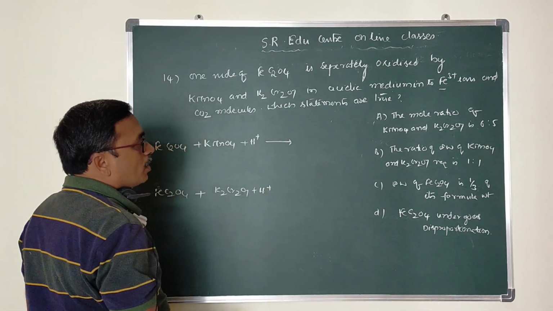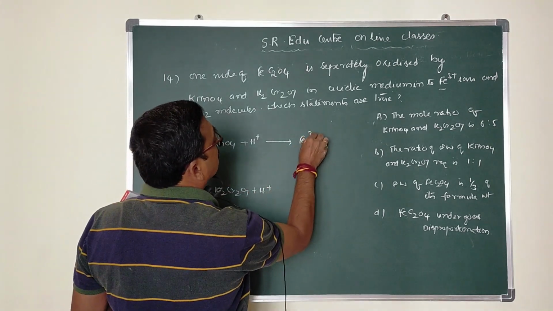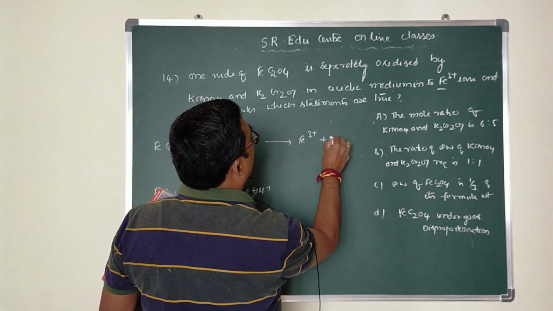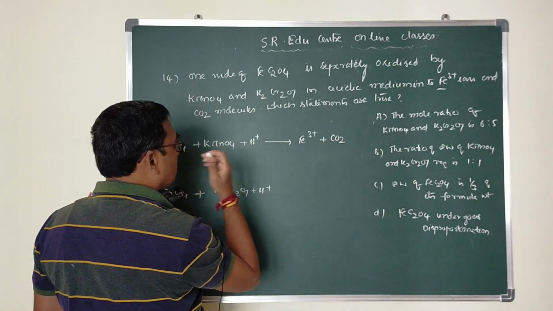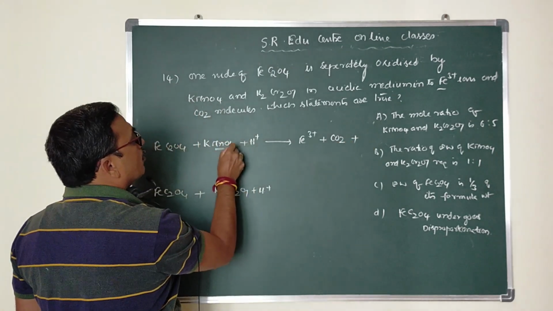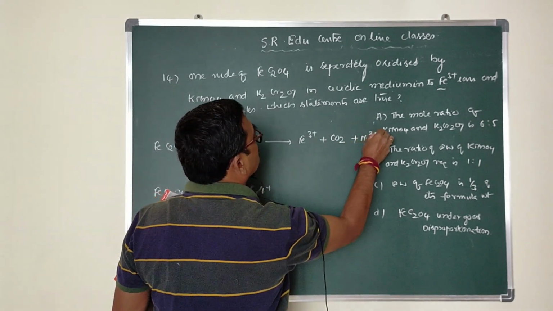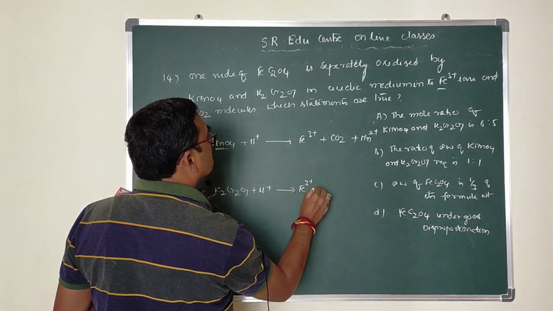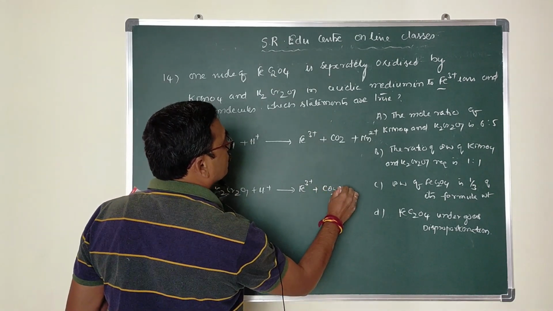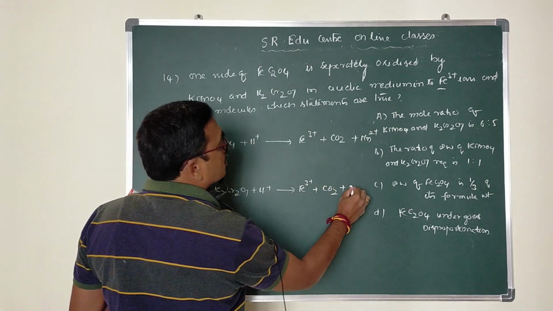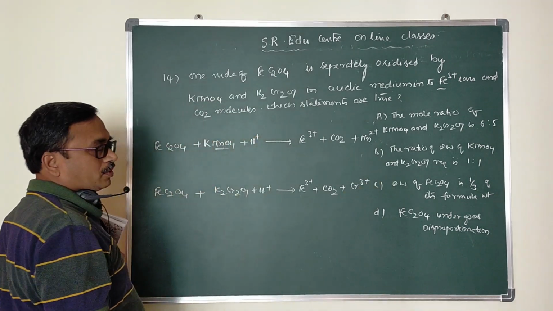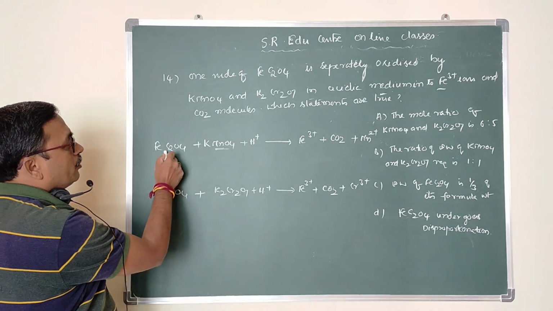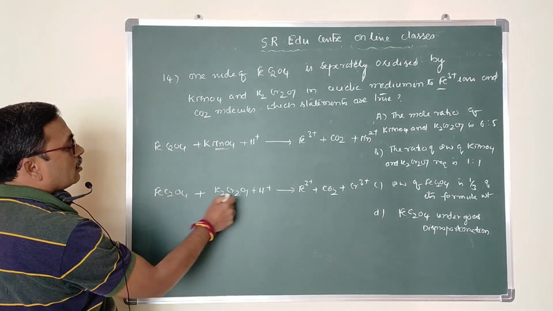The products formed are Fe3+ and carbon dioxide. In acidic medium, MnO4 is converted into Mn2+. Here also you get Fe3+, CO2, and potassium dichromate is converted into Cr3+. So this is the reaction that occurs between iron oxalate and KMnO4, iron oxalate and K2Cr2O7.